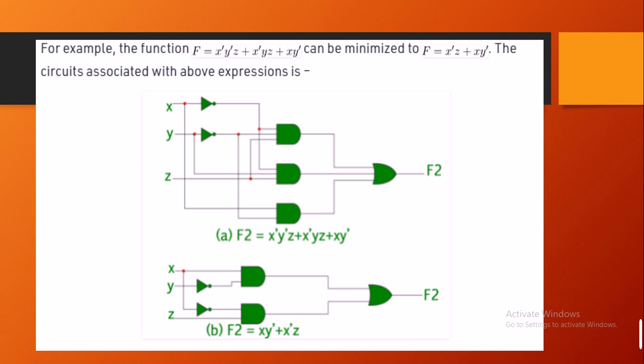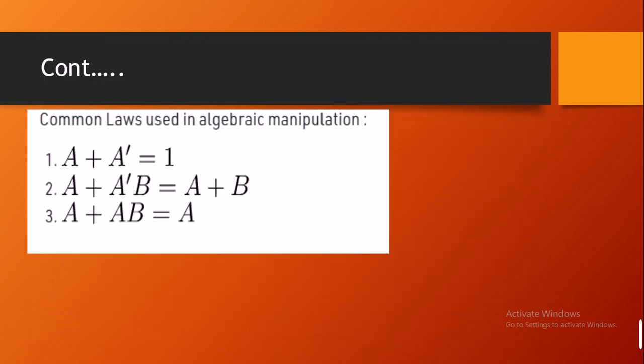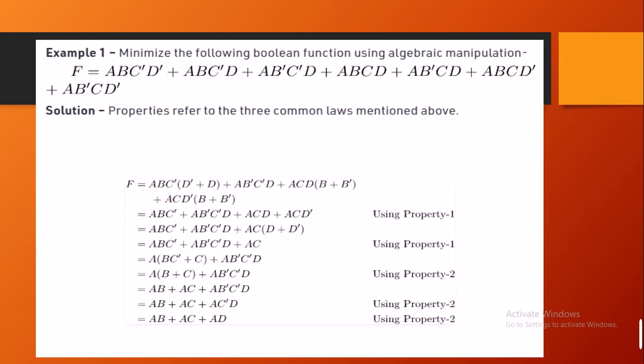NOT gates are there, AND gates are there, OR gate is there. Now these are common laws used in arithmetic manipulation: a plus a dash equals 1, a plus a dash b equals a plus b, a plus ab equals a. This is how it's minimizing.